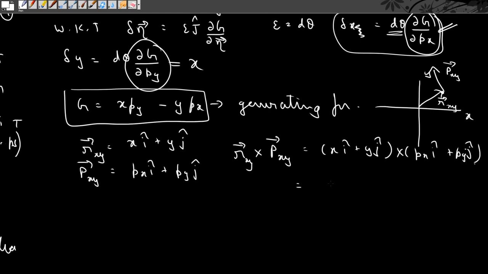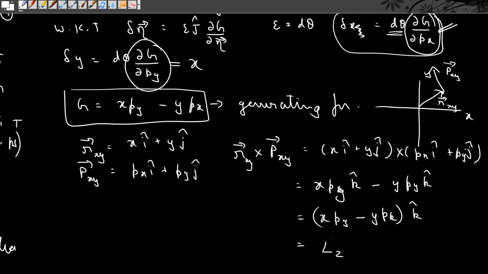Taking the cross product, this is nothing but xpy minus ypx times k cap. But this is equal to Lz, the angular momentum component along the z-axis, because this is the definition of Lz.